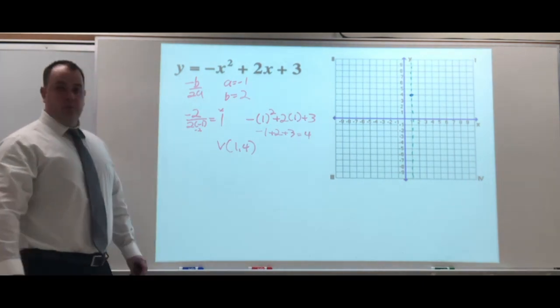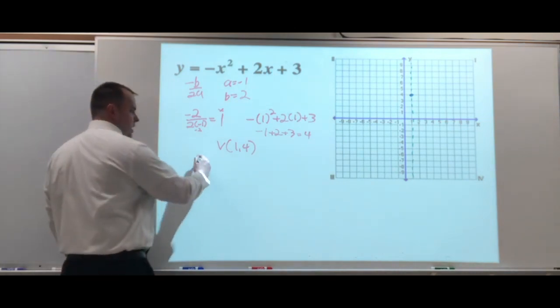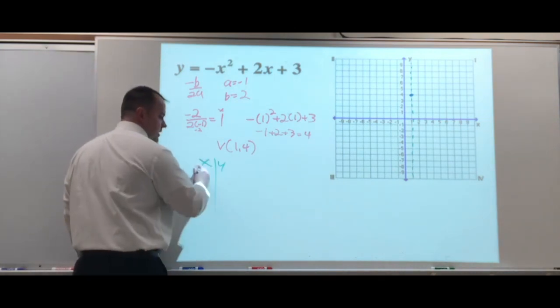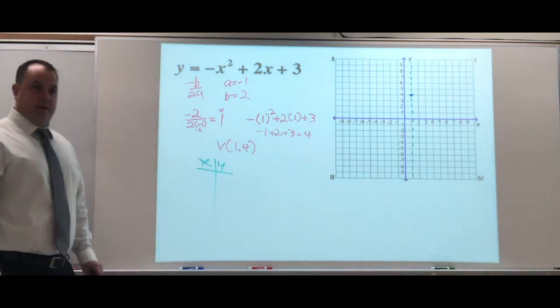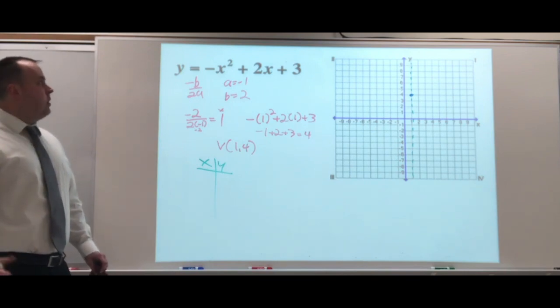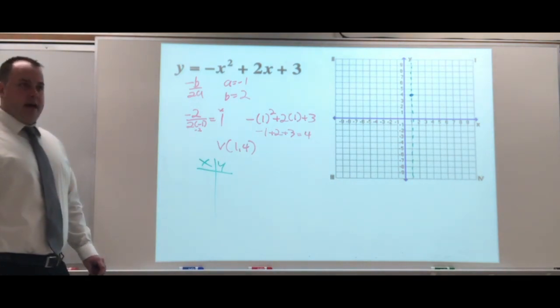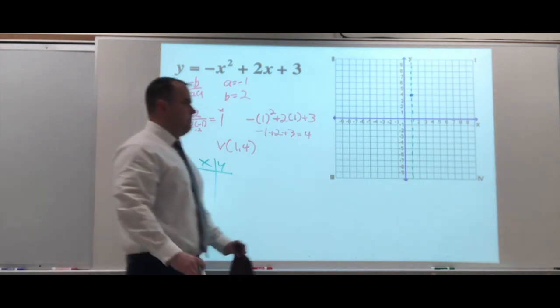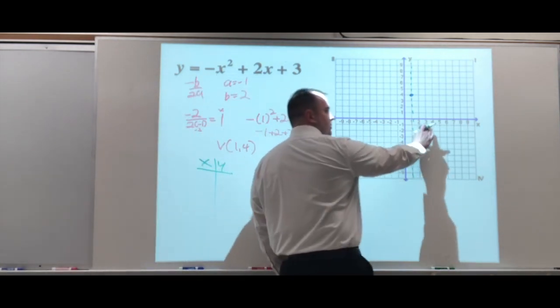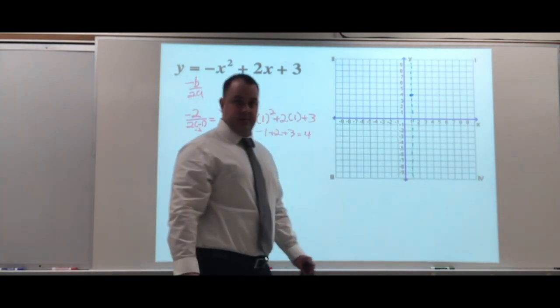Now to get some more points on here, I'm going to make an XY table. And that XY table is going to help me pick some more points. You really have a lot of freedom. You can pick any X values that you'd like. My suggestion is to stay on the one side of the axis of symmetry.